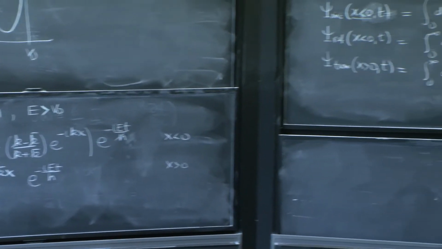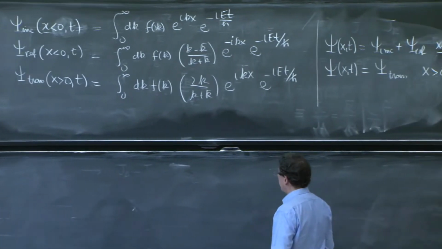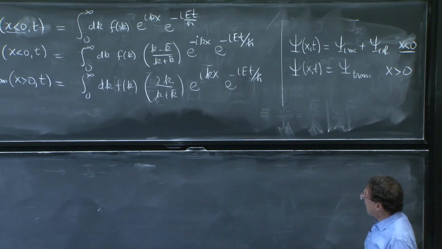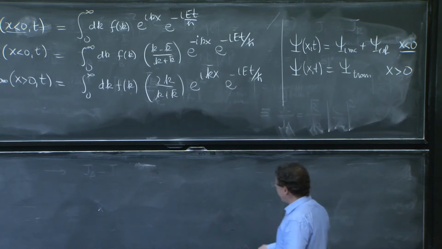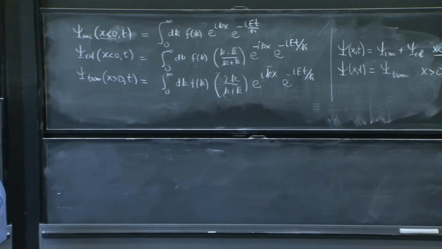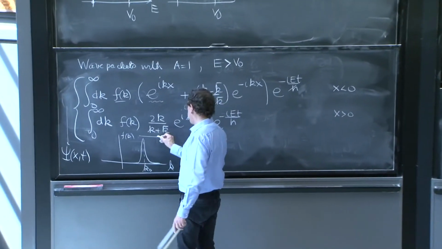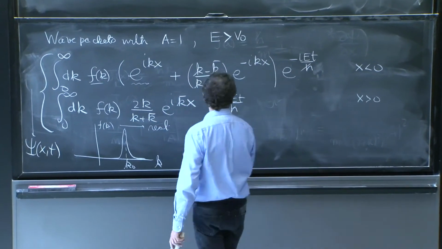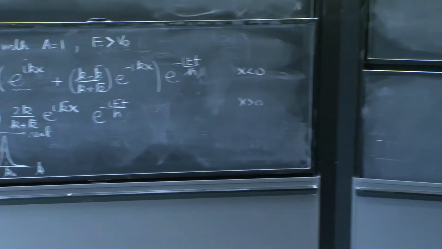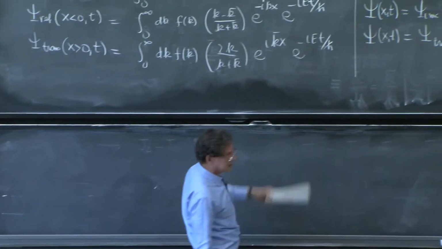The main difficulty would be to do the leftover part of the integral. But again, here we can identify phases. We're going to take f of k to be localized and to be real. So there's no phase associated with it. And there's no phases associated with these quantities either, so the phases are up there.